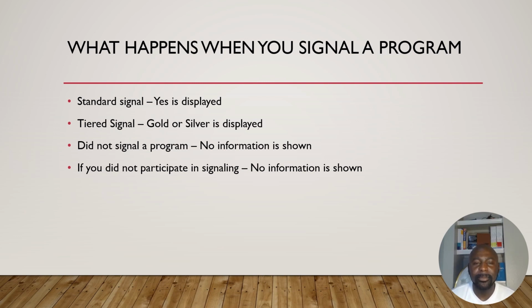And so that keeps you at a disadvantage, because someone who participates in signaling gets to signal some programs, and when the programs are looking at your application under signaling, they're going to see no information, which means they're just going to assume, okay, you did not signal us, so you probably signaled other programs and did not signal us. That keeps you at a disadvantage if you don't signal at all. So I would rather you signal some programs and at least have some programs view you as having interest in them, rather than you coming out as having no interest in any program. And then on the other hand, if you do tier signaling, they're going to see either gold or silver. That's pretty straightforward.